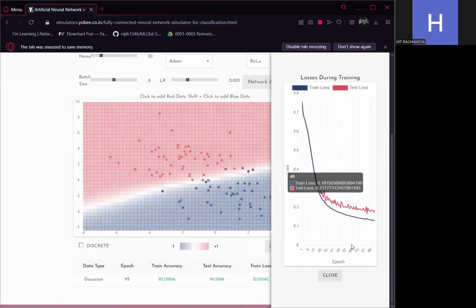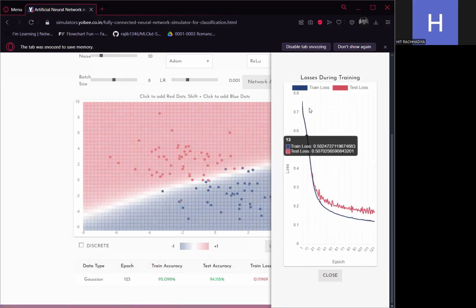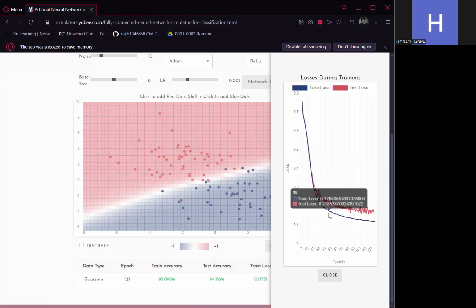We can also see the loss curves. The red line is for test and the blue line is for train. It is getting significantly lower as the epochs gradually increase.